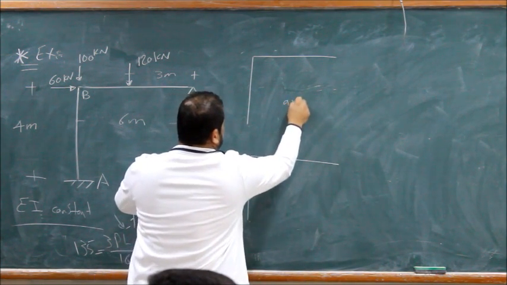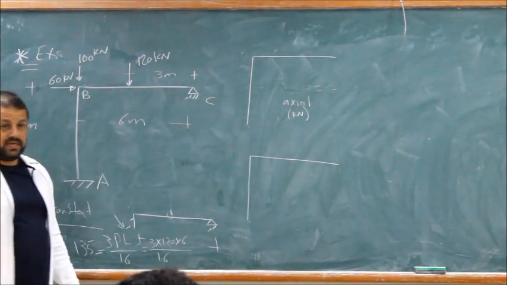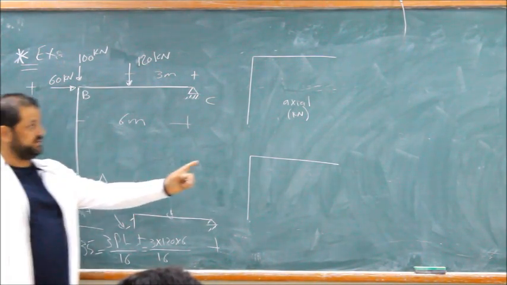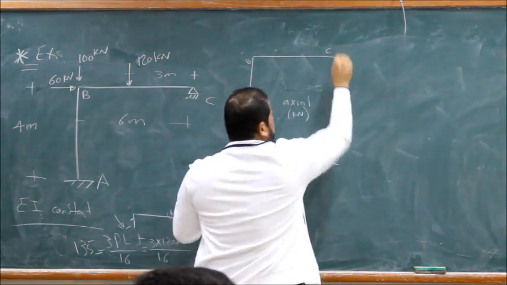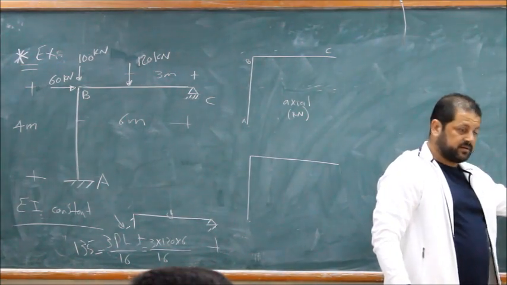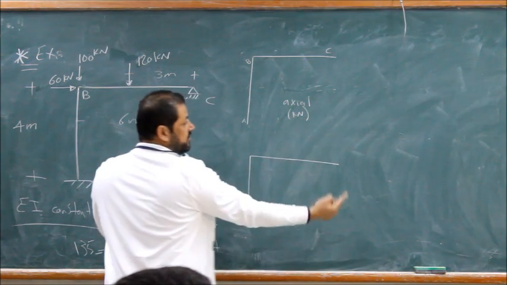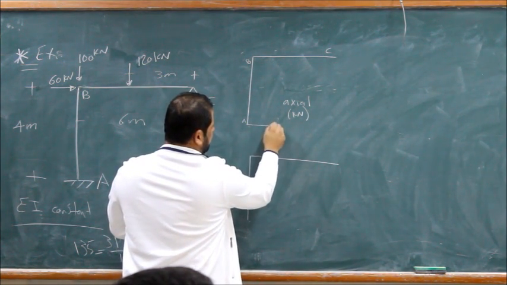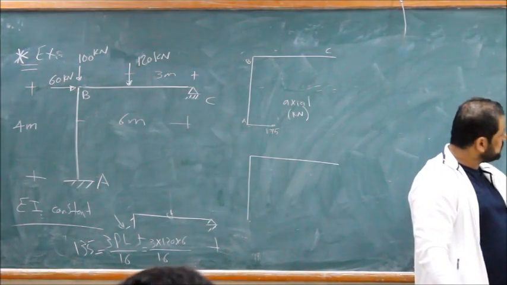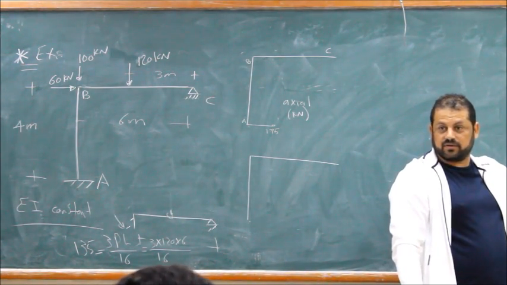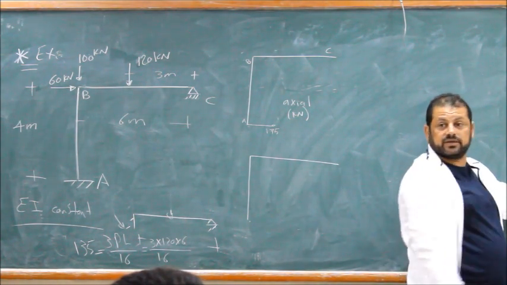Okay, this is axial in kilonewton. How much axial force do we have in this member? This is A, B, C. How much axial force do we have in this member? 175 compression. So this is 175. Is there any change? Is there axial force coming here?